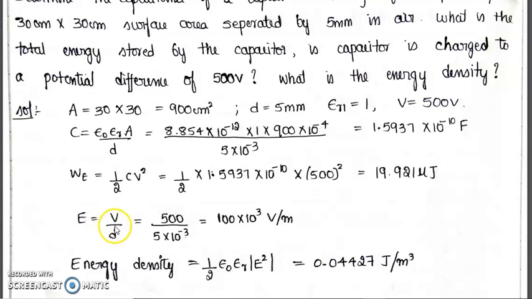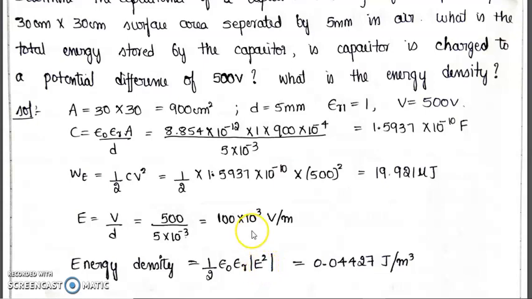So you know that applied voltage is 500 volt and distance of separation is 5 millimeter. Substituting that, you will get electric field intensity as 100 into 10 to the power 3 volt per meter. Now we can obtain energy density as half into epsilon naught into epsilon R into the magnitude of E square.